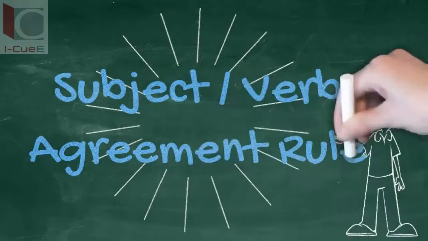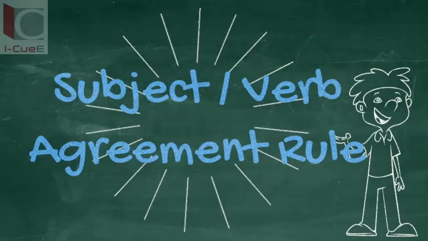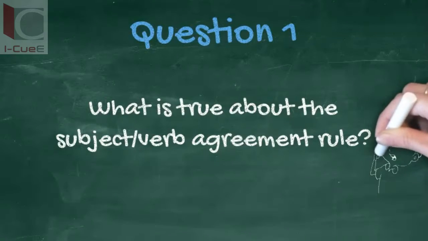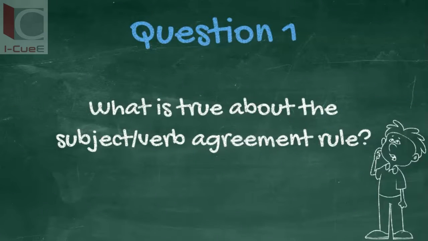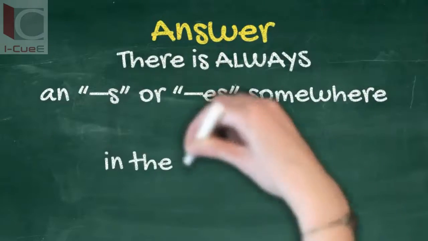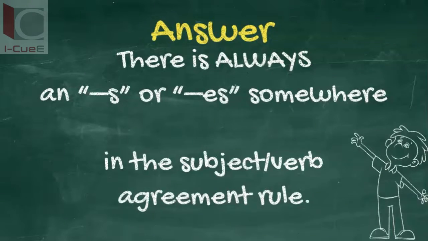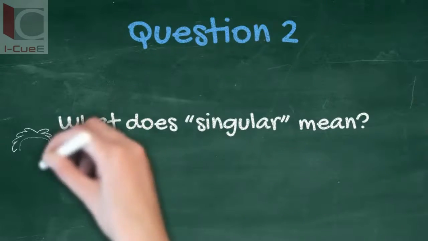Subject-verb agreement rule. What is true about the subject-verb agreement rule? There is always an S or ES somewhere in the subject-verb agreement rule. What does singular mean?